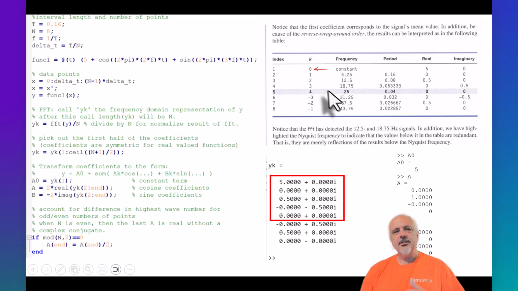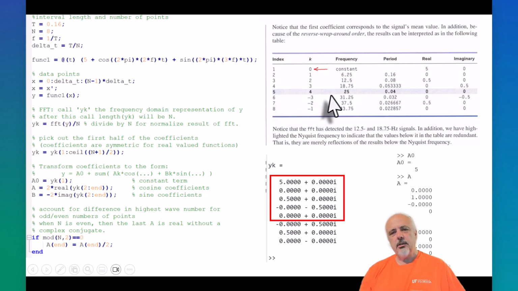Then, starting at index 2, you're going to get the first harmonic, second harmonic, third harmonic, fourth harmonic, each a complex number with a real part and an imaginary part. They correspond to the fundamental frequency, 6.25, 2 times that, 3 times that, 4 times that. So that's the pacing of it.